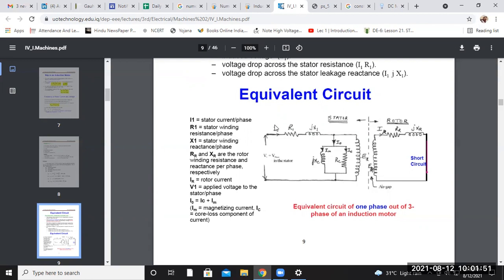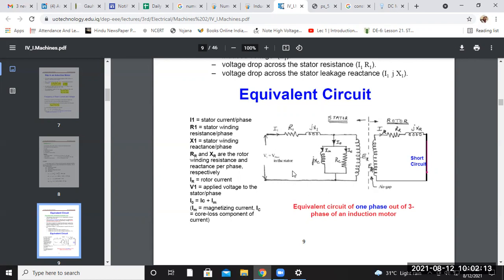Then there is the primary current, then the stator resistance, or primary side resistance, then the stator reactance, or primary side reactance. Then there is the exciting current, the magnetizing current and core loss current. This is the core loss resistance and this is the magnetizing reactance. So these are all correlated with the stator of the induction machine.